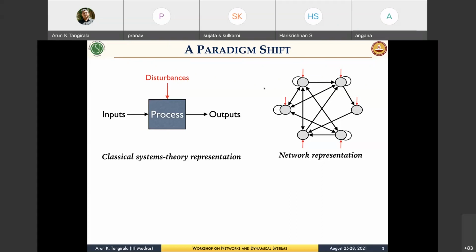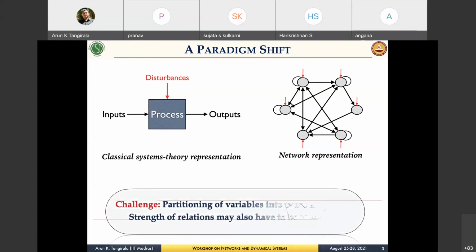Of course, even in systems theory, you can do that by means of feedback. But here in a network, it's very clearly brought out that a variable, if you assume that it is sitting at a node, can be both a cause and an effect, which allows you to represent a large variety of processes, a diverse set of them.